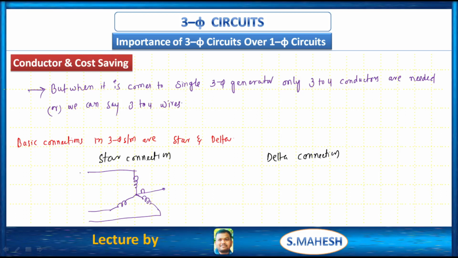This is R, let us say this is Y, okay, this is B, and this is N. Total we have what? 4 wires, right? But coming to delta, they are having what?